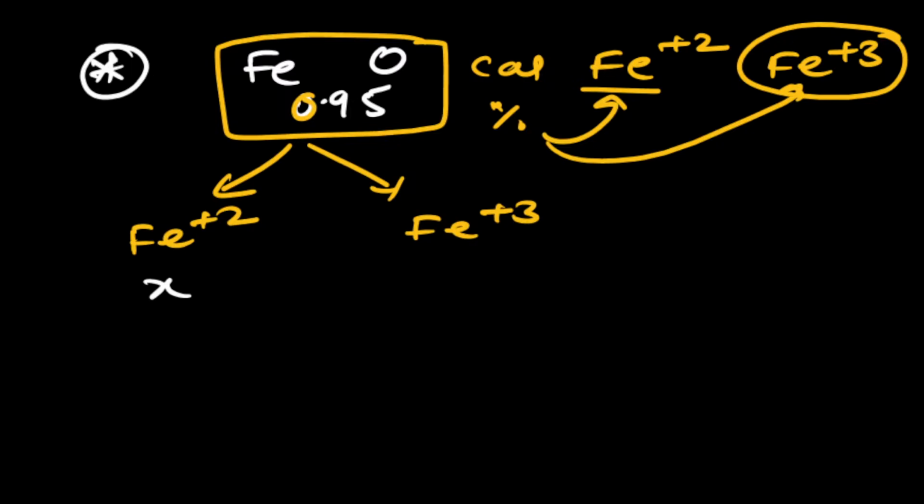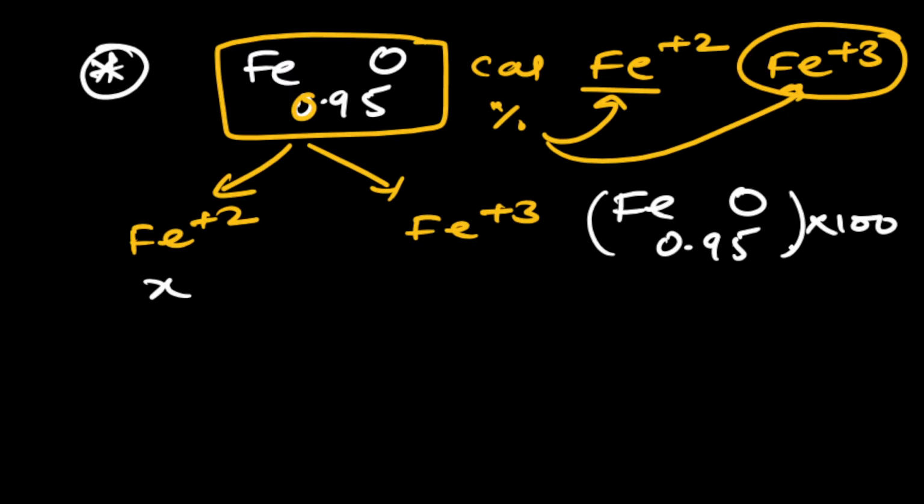Now here it is in the form of non-stoichiometric, right? First, make the non-stoichiometric compound into whole numbers. To make it a whole number, we have to multiply the entire compound by 100. If you multiply by 100, the iron will become 95 and oxygen will become 100, right?